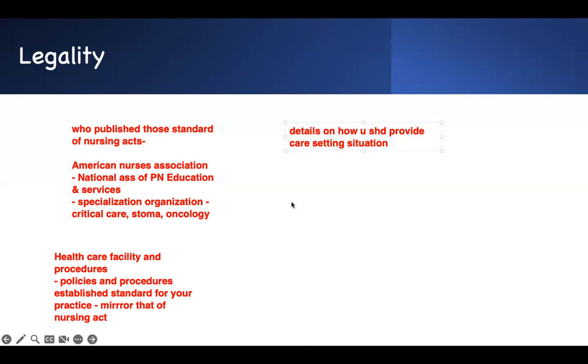Listen to this, what I'm going to say. And this, you will love it. This is the key.